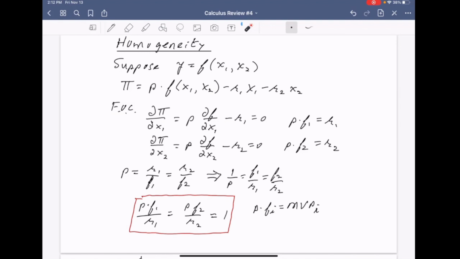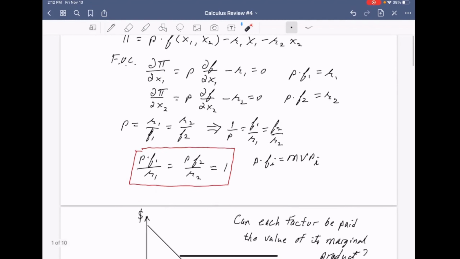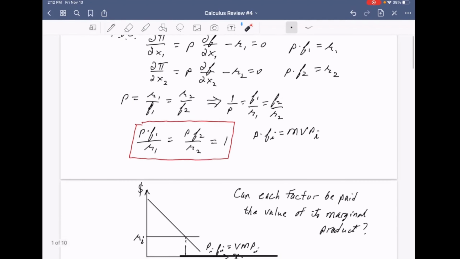And then rearranging, we get this formula in the red square, where we get price times the marginal product of 1 over the input price of 1 equals price times marginal product of 2 over the input price of 2, and that's all equal to 1.